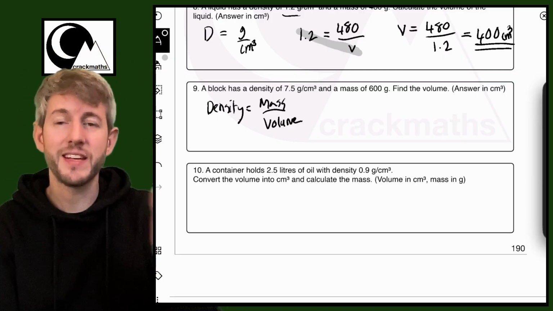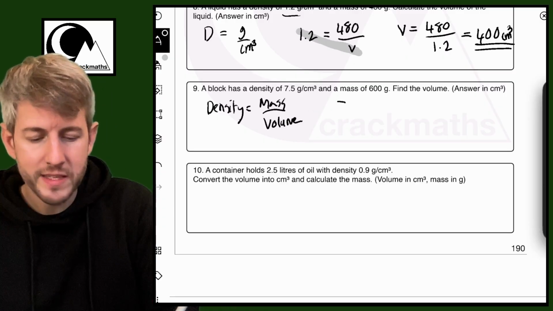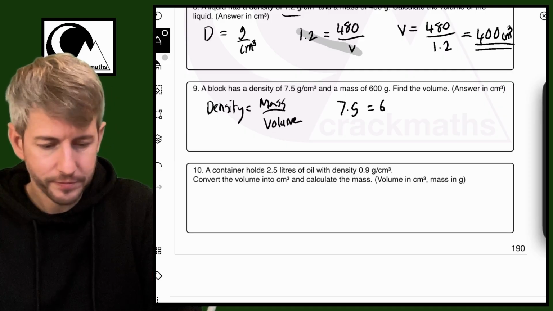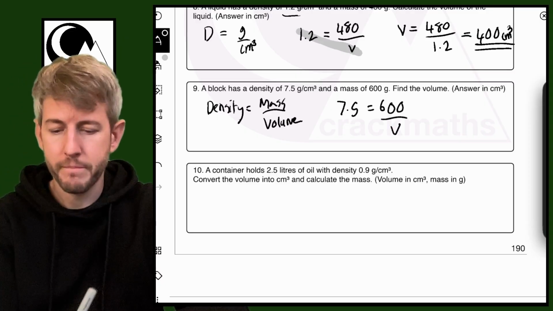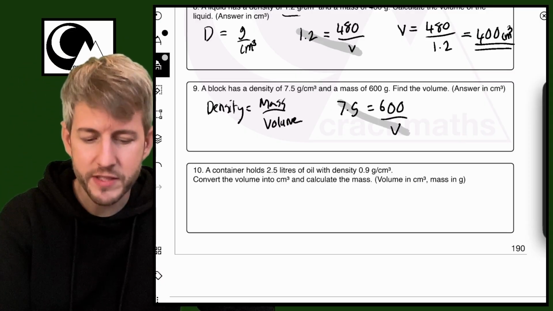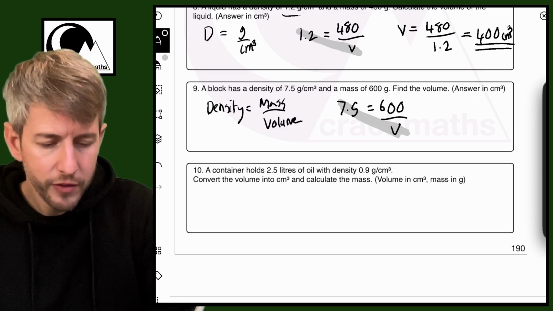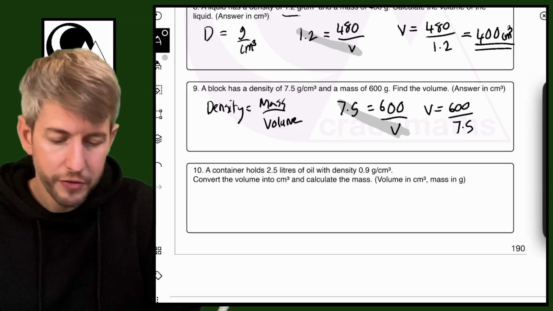So density is the grams over the volume. So what we have here is 7.5 is equal to 600 divided by the volume. And remember, we can switch these two here because of our reverse calculation. So we get the volume equals 600 divided by 7.5.